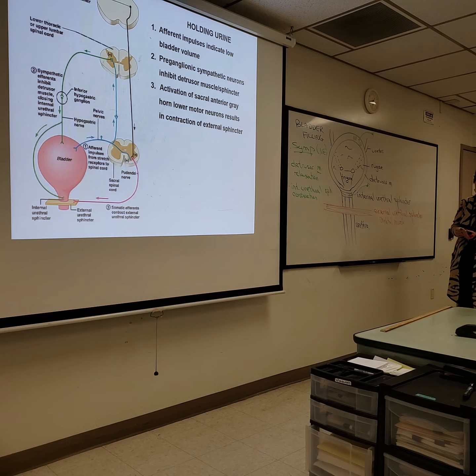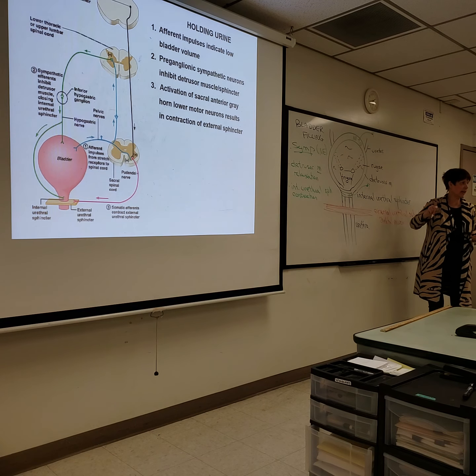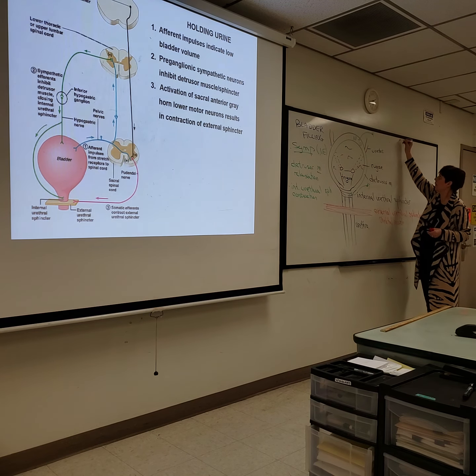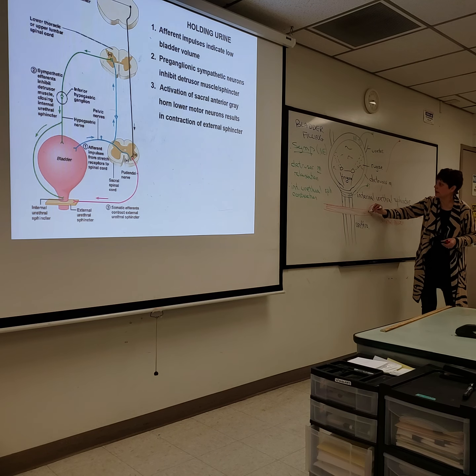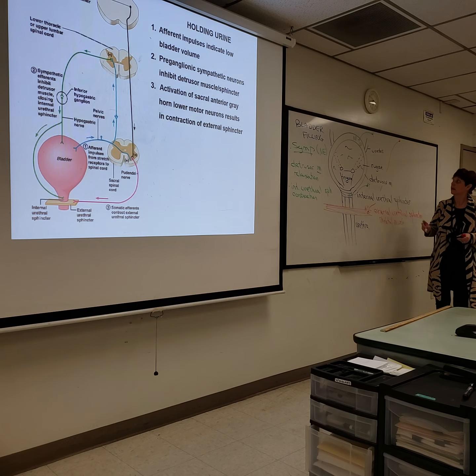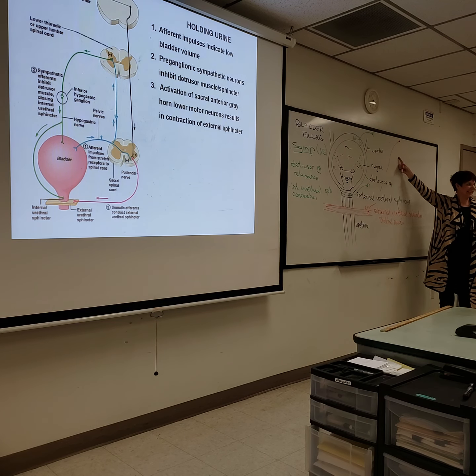And what nerve is our motor neuron to the external urethral sphincter going to be found in? Lower motor neuron in the sacral spinal cord. What nerve is this going to travel in? What's the nerve to our bulbospongiosus muscle and our ischiocavernous muscle?